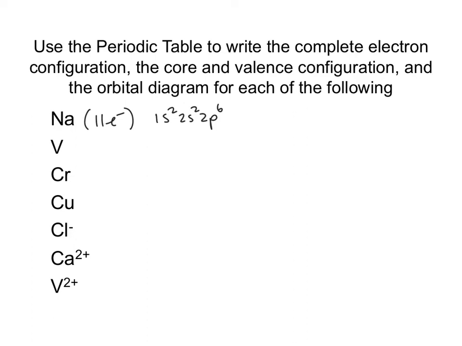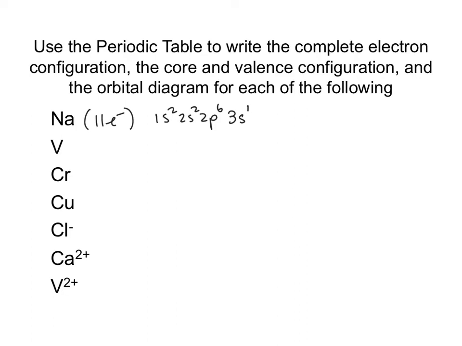You got 1 more to go, and that's going to be 3s1. Now, again, you go back to the periodic table. All right, so then also you can look at the orbital diagram for sodium.